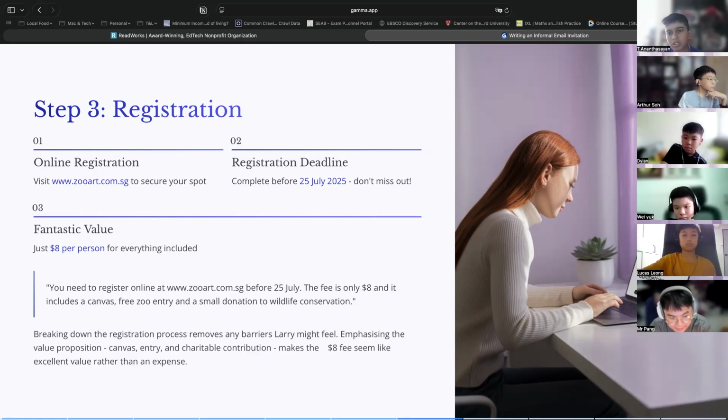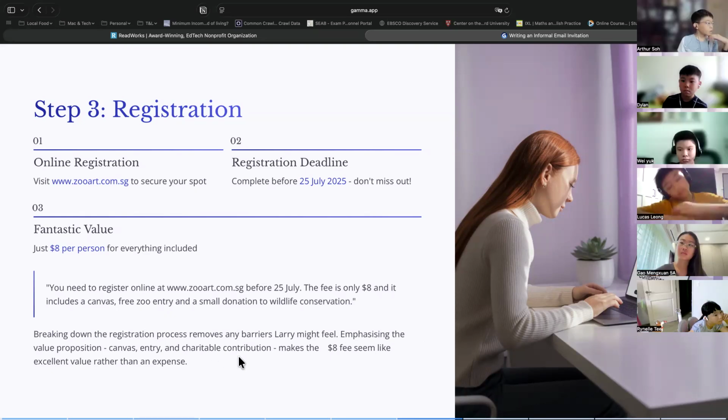Yes, I know what that says, but again, my question is not what it says, but what effect does it have on your cousin when you say it's only $8 and it includes a canvas, a free zoo entry, small donation, etc., etc. Arthur? Yeah, giving him reasons for him to do this.